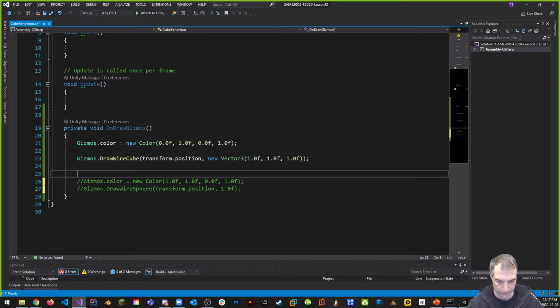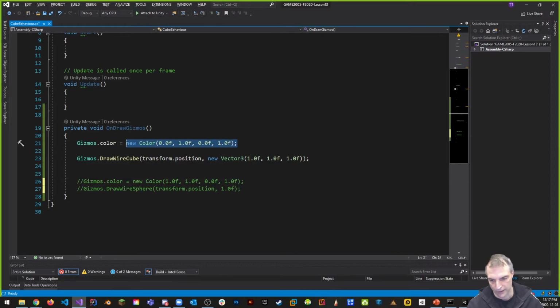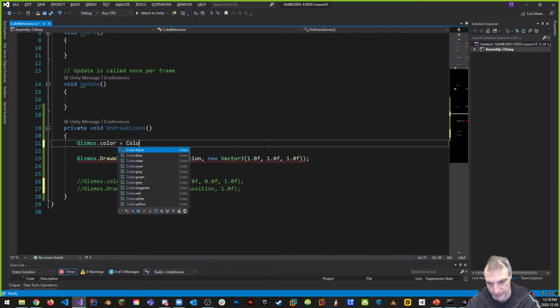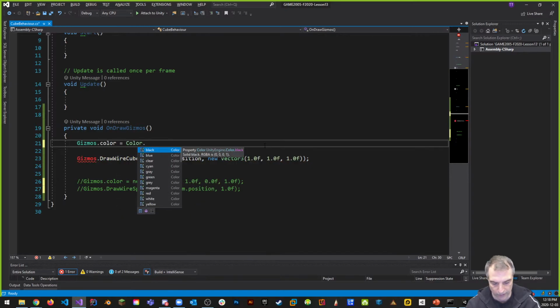Gizmos.color sets the color for drawing the gizmos. You can select a custom color, or you can select Color dot, since there's a Color class we can tap into, and choose a color that is a little bit different than what we have in our cube. Let's choose magenta.